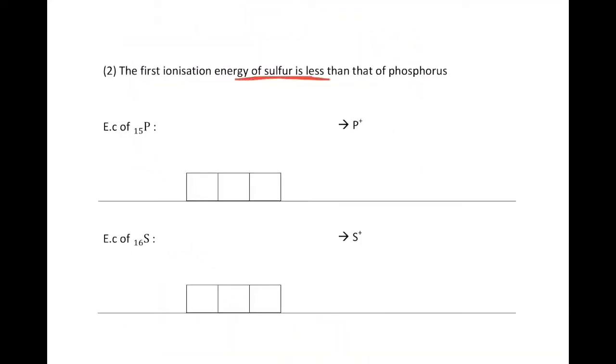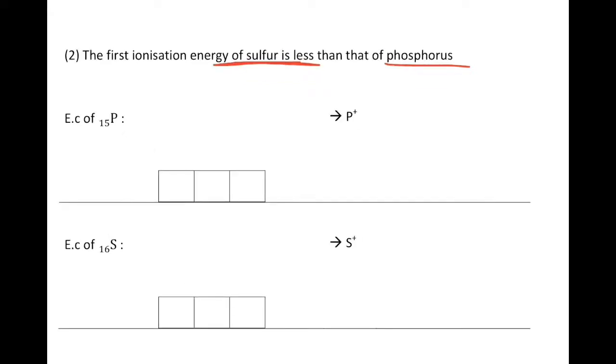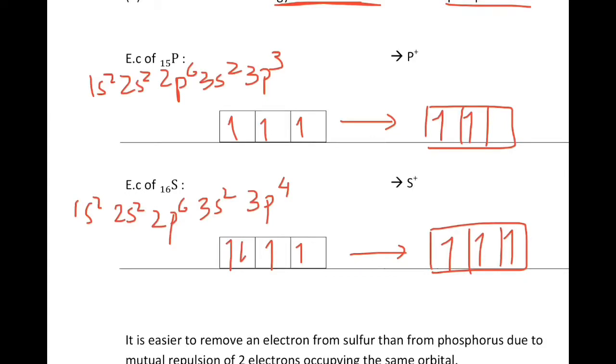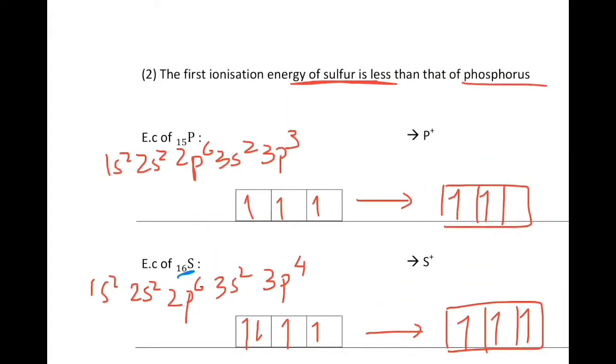Let's see for sulfur and phosphorus. So again, complete the electronic configuration and then you can check. For this one, you can easily see what is happening and why phosphorus is higher, or why sulfur is less. If you look at the electronic configuration of phosphorus, you can see there is a half-filled orbital.